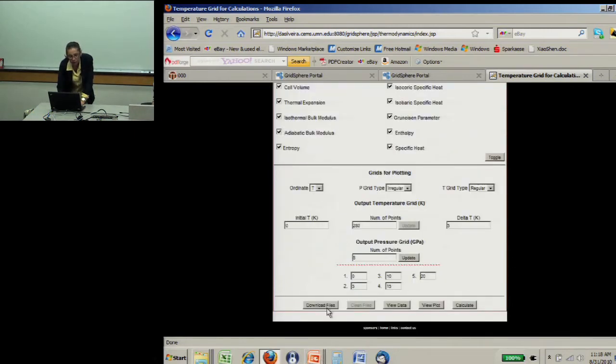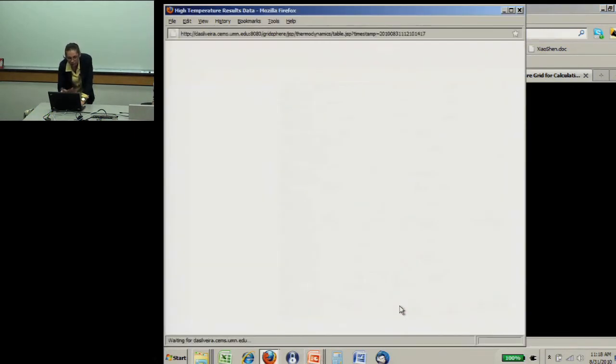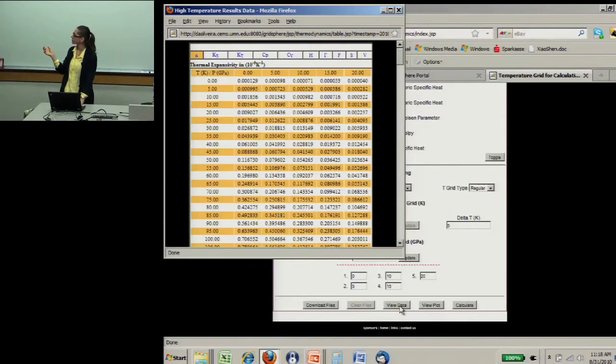And you can download the files. You can view the data. Let me show you what the data is. You have these tables. Here's the thermal expansion coefficient as a function of temperature for several pressures. You can see all the other thermodynamics properties.